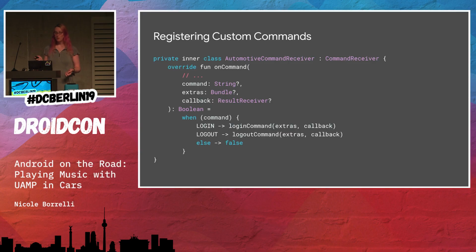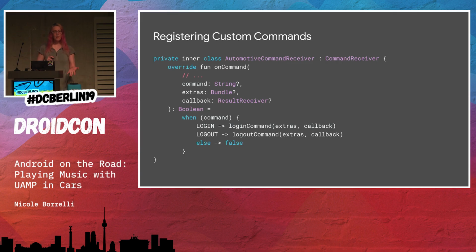There's a couple of extra parameters which are not important for this use case. The command is the command string that's getting passed in. The extras are the extras, and then there's the result receiver if you wanted to pass the results back. And login will take advantage of this.